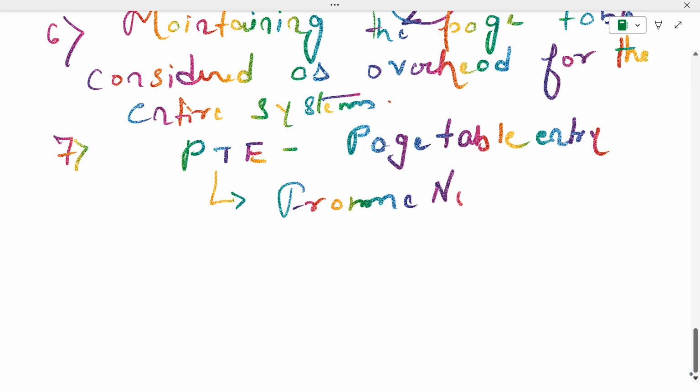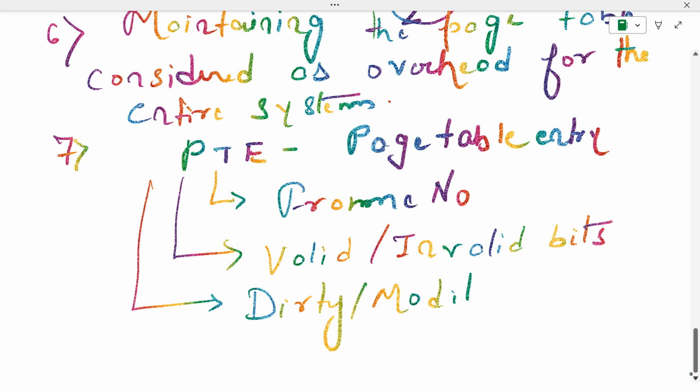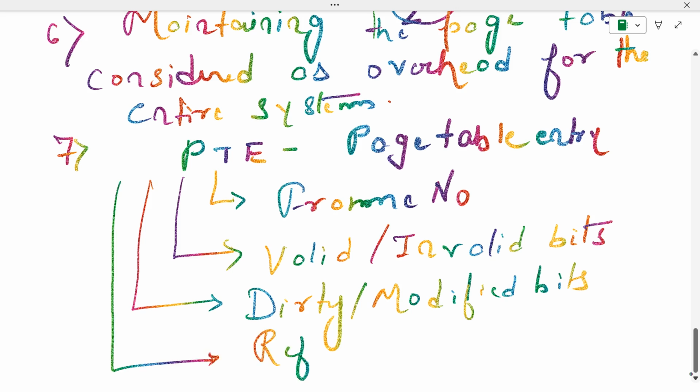Along with the frame number, it may consist of valid or invalid bits, dirty or modified bits indicating whether the page has been modified or not, and reference bits.